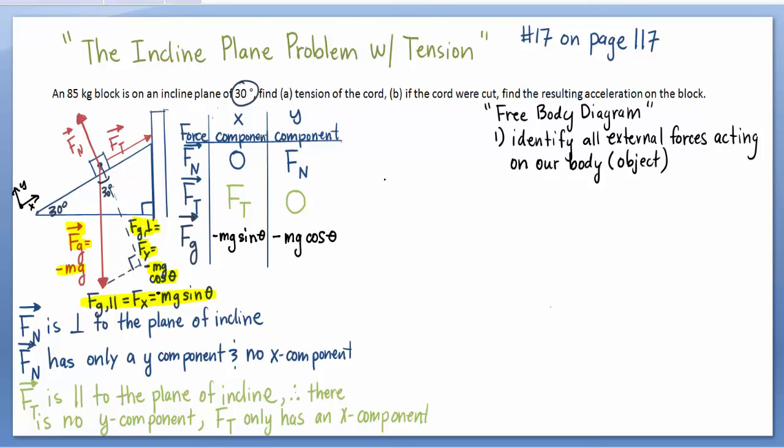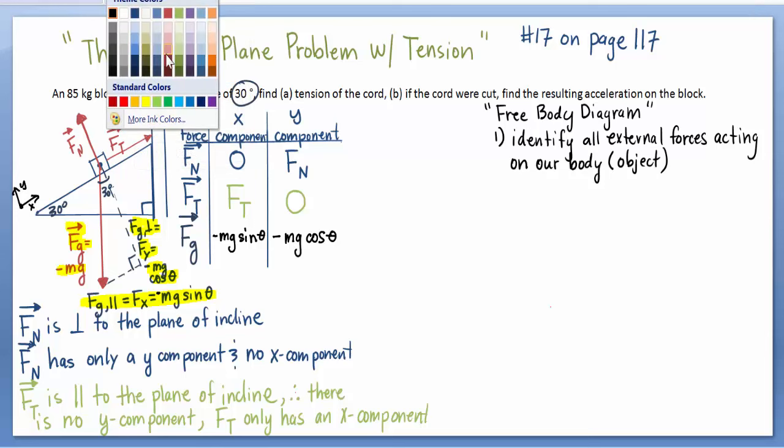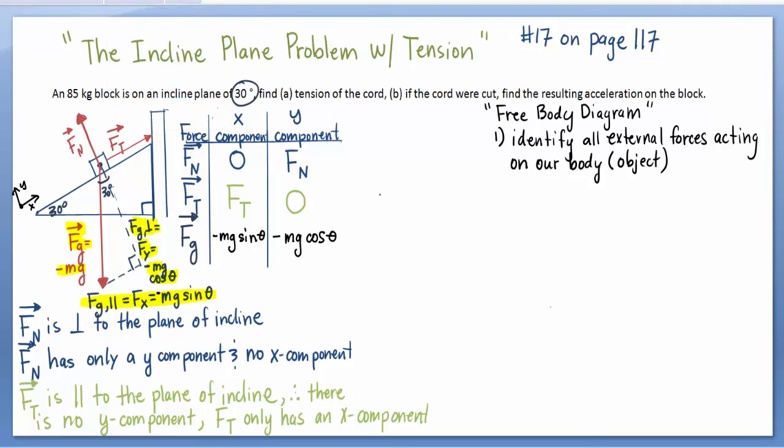Let's use Newton's second law and say that the sum of the net x components equals the normal force component plus the force tension component plus the gravitational force component, and these are all in the x direction, and that is equal to mass times acceleration.